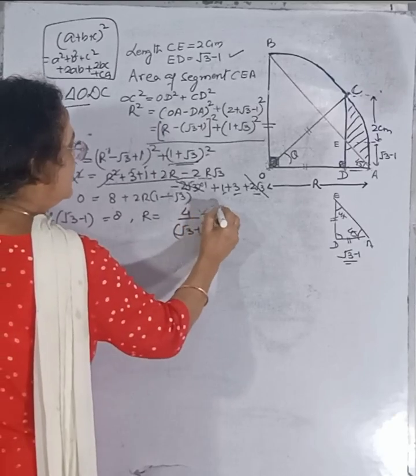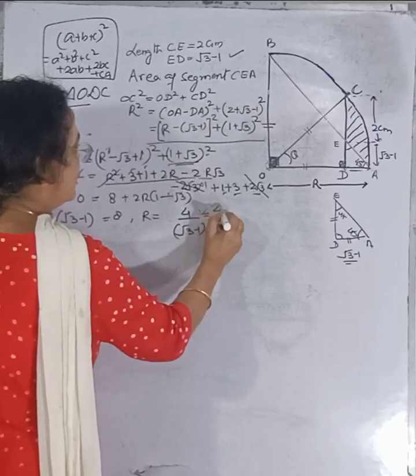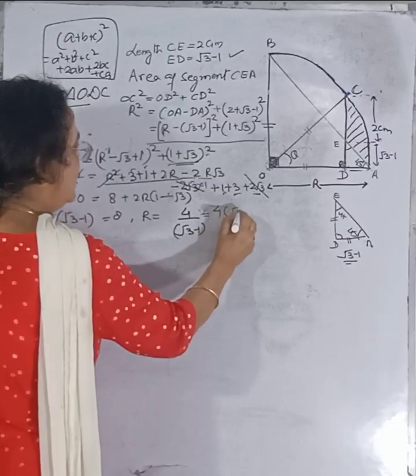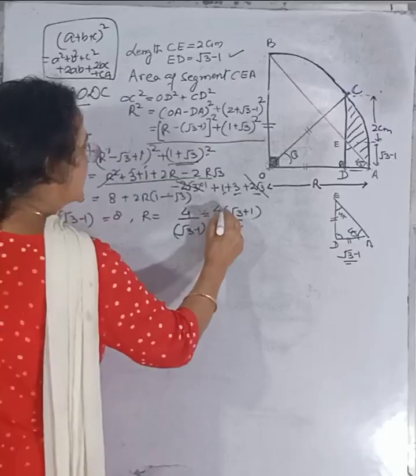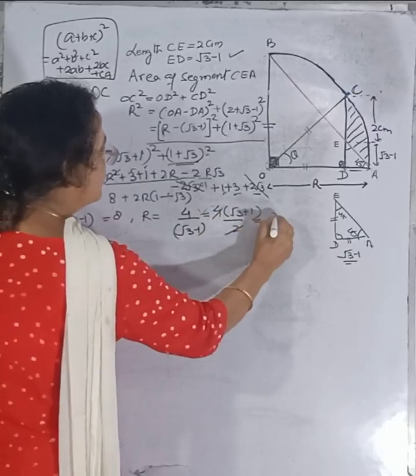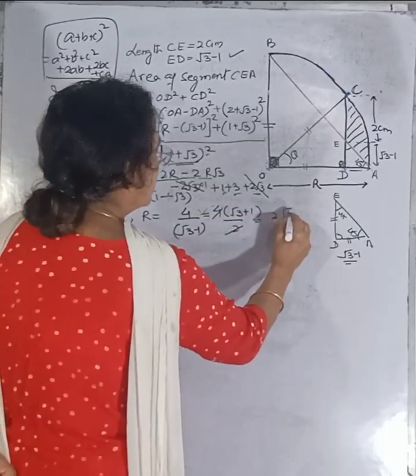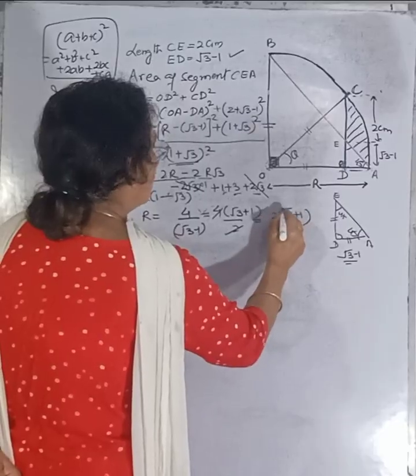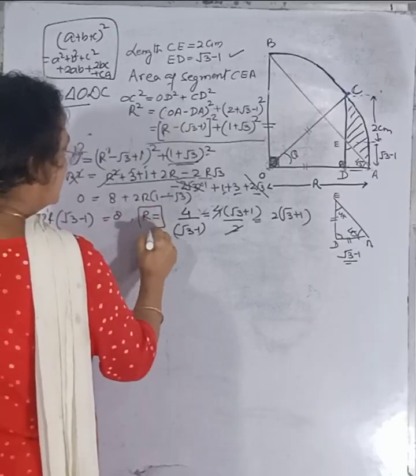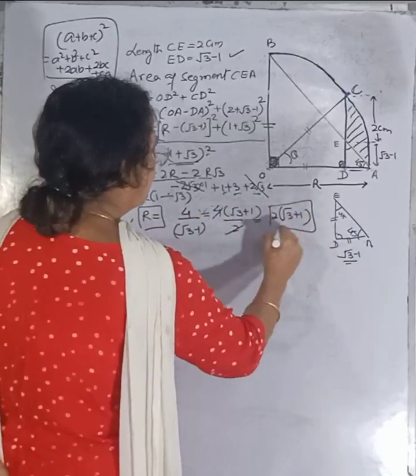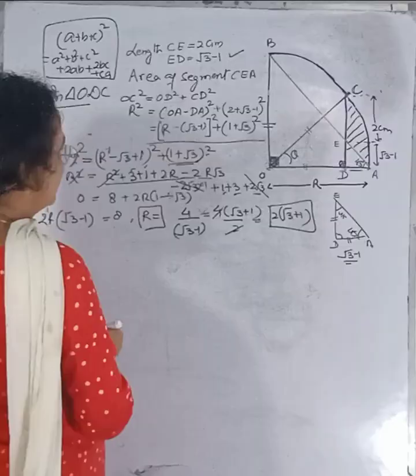We will get here 4 into root 3 plus 1 upon 2. This gets cancelled, and 2 into root 3 plus 1 is the value of R. Okay, this is the value of R.